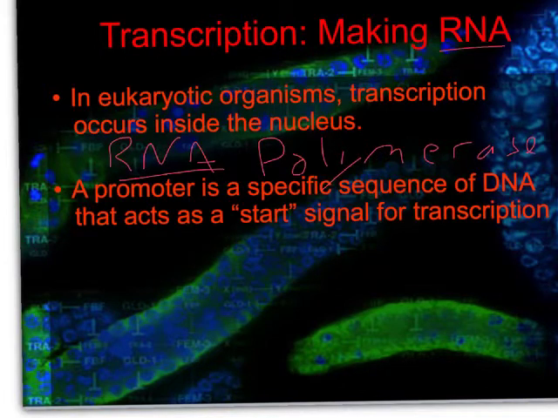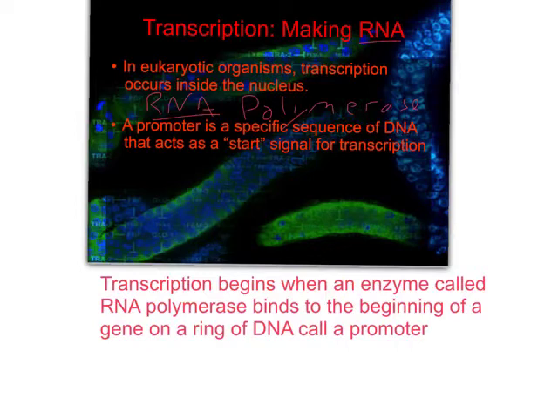Okay? Here's that second line on there about where it actually begins. RNA polymerase is going to begin at a location called a promoter. What is a promoter? The promoter is a specific sequence of DNA that acts as a start signal. Now remember, in DNA replication, we had all these things. We had helicase, we had SSBPs, we had topoisomerase.